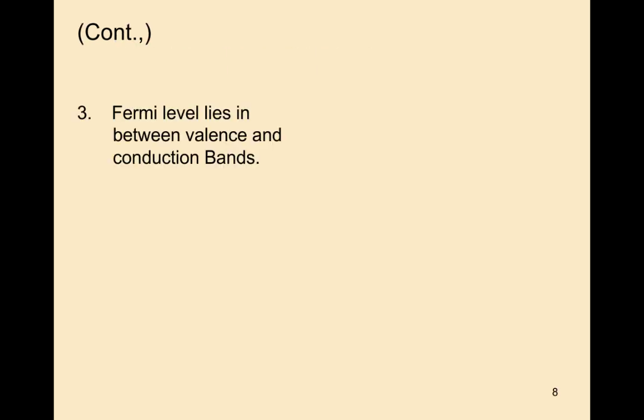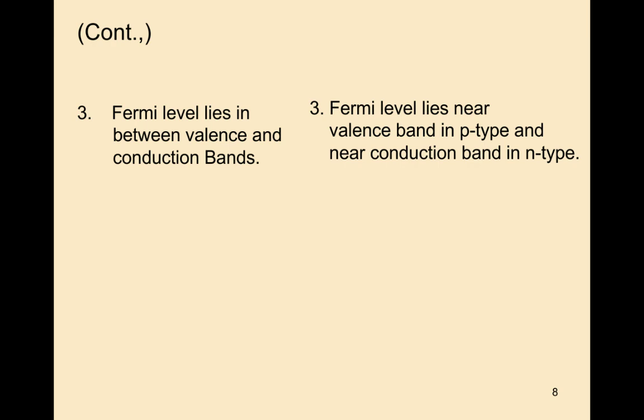Next difference is about the Fermi level. The Fermi level lies in between the valence band and conduction band in intrinsic semiconductor, whereas in extrinsic semiconductor the Fermi level lies near the valence band in p-type and near the conduction band in n-type.